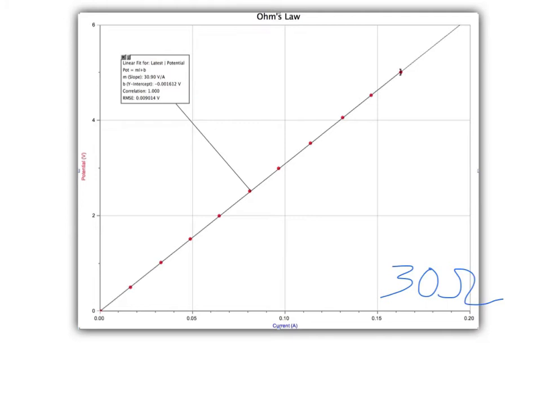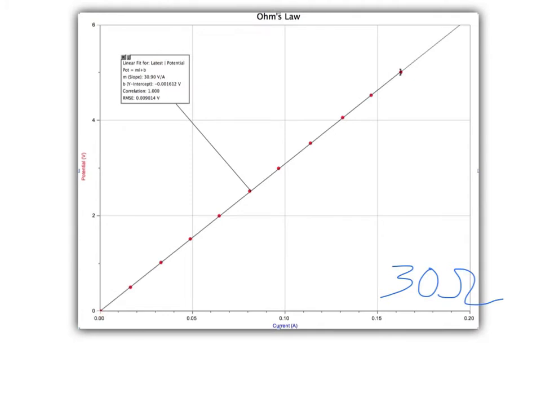It says volts per amps. And the y-intercept is really very, very small. Now that makes sense to me. The y-intercept really should be 0, because what the y-intercept would actually mean is that if I don't put any pressure across the resistor, in other words, if that's 0, I shouldn't get any flow rate.